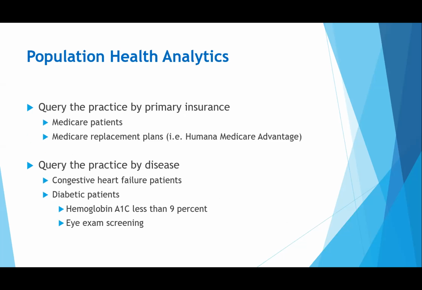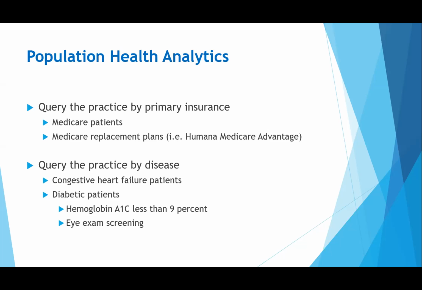And the other example is for population health analytics. We were able to query by primary insurance, and then related to SNOMED CT, we were able to query by disease. So whether it was all the patients who have congestive heart failure, the patients who have diabetes or COPD, having SNOMED CT as a reference was very helpful to us.